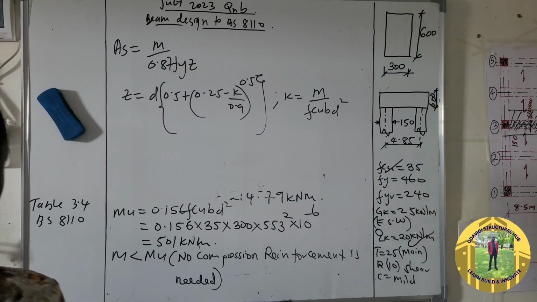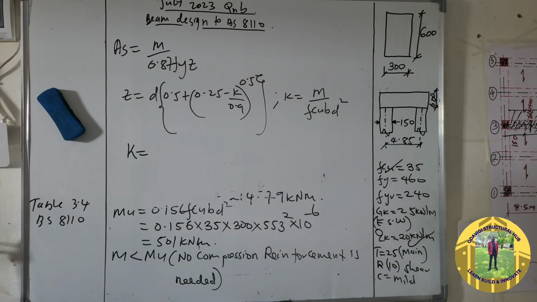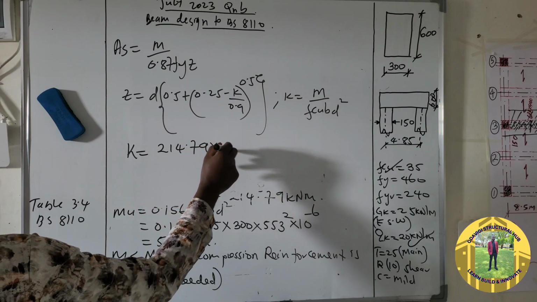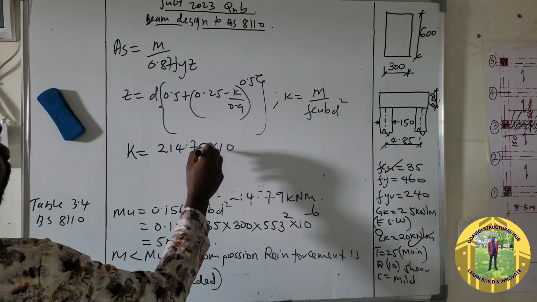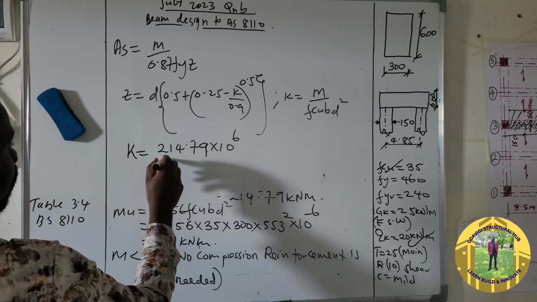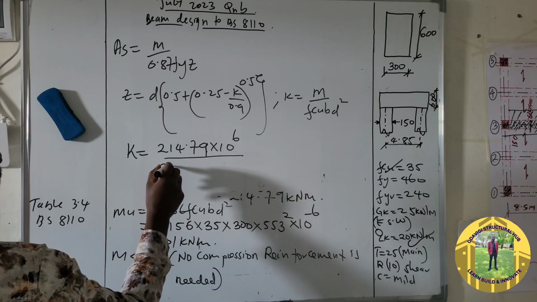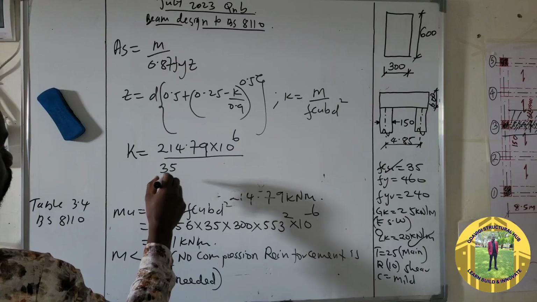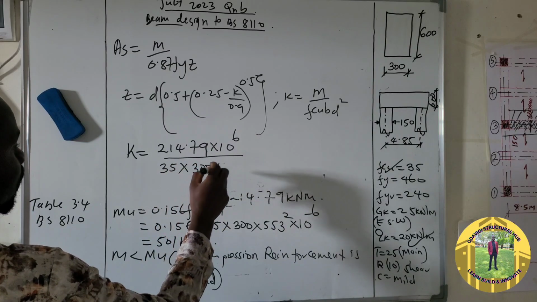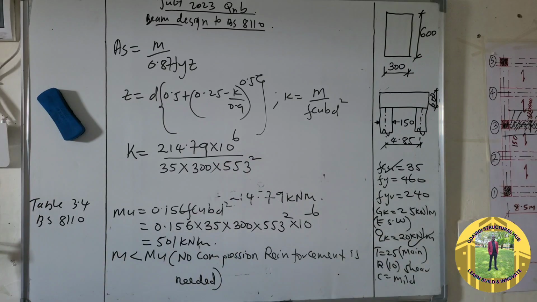So K is equal to our M, which is 214.79 times 10 raised power 6, over FCU is 35 times B is 300 and D is 553 square.